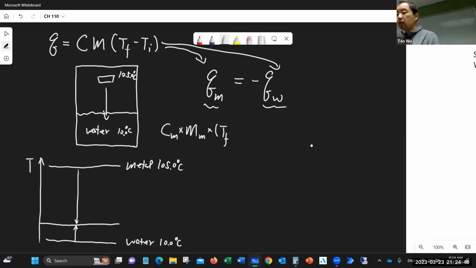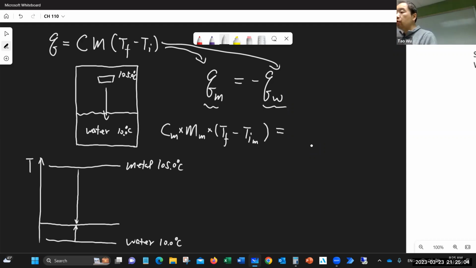We know the final temperature for the metal and water is the same, so we don't have to write the other one. So just the final temperature subtract the initial temperature of the metal. This is what we have for the metal part, right?